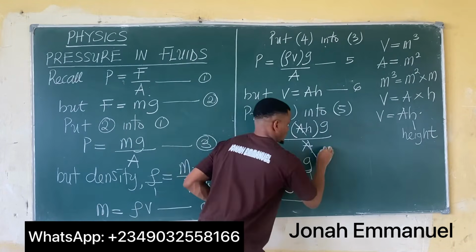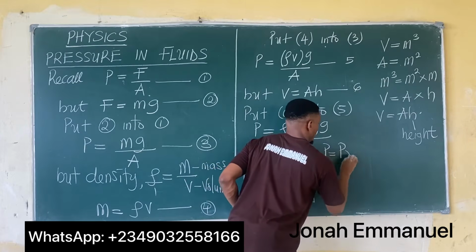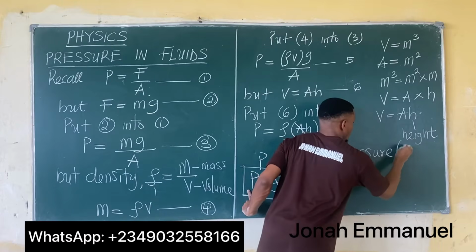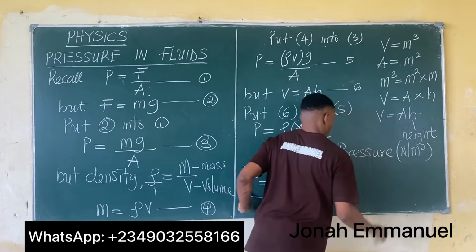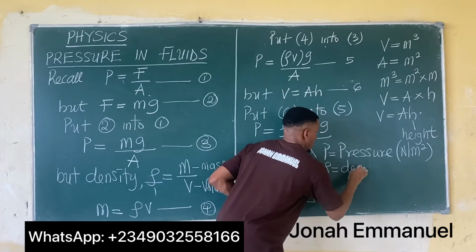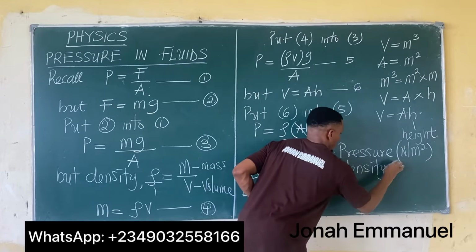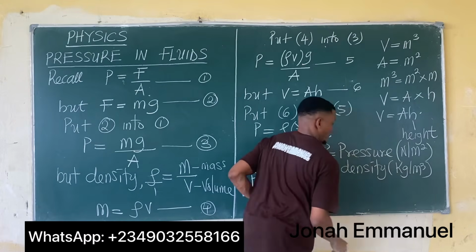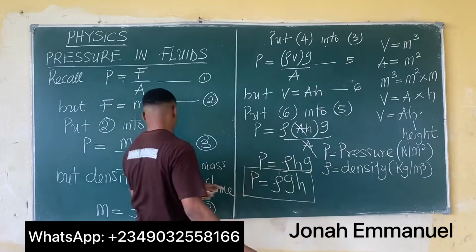Where P, we said, is pressure in Newton per meter square. Rho is equal to density in kilogram per meter cube, because I'm having mass over volume, as we said here.